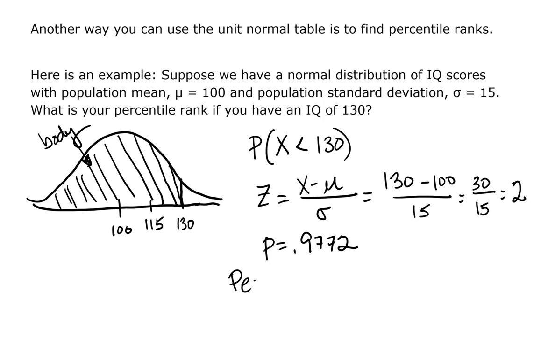So our percentile rank is equal to 97.72. So an IQ score of 130 puts us in the 97.7th percentile rank. And there's our answer.